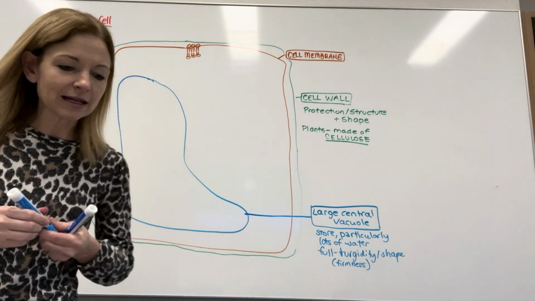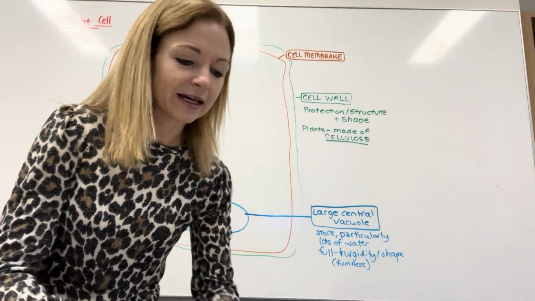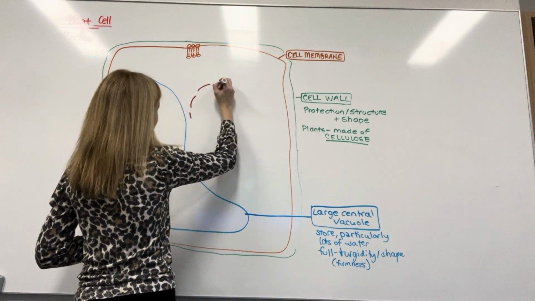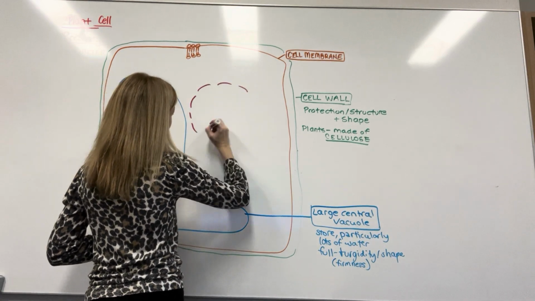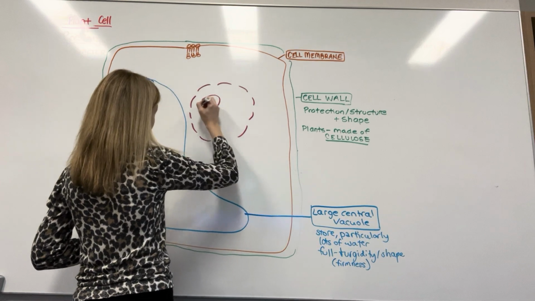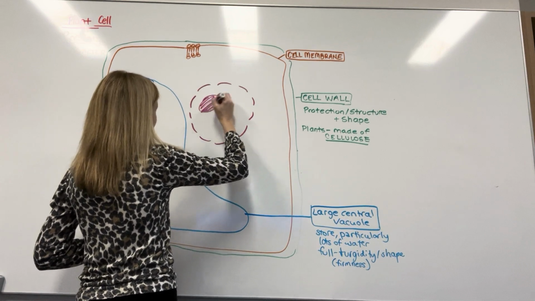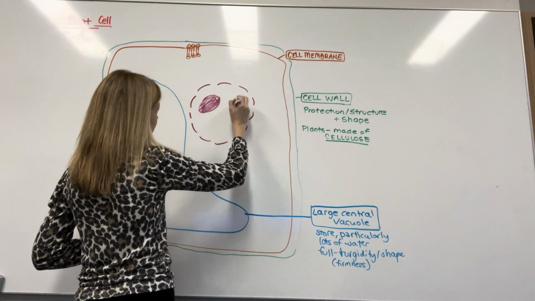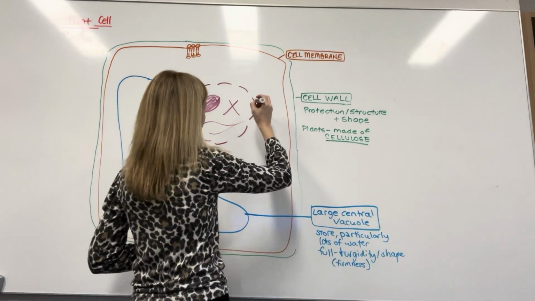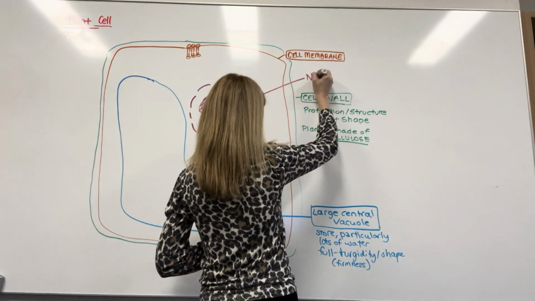Okay, then let's draw our nucleus. So here's my nucleus, and I'm drawing it with a nice nuclear pore. And it should be drawn basically the same as we did in the animal cell. So I'm just going to make a note that that is my nucleus.